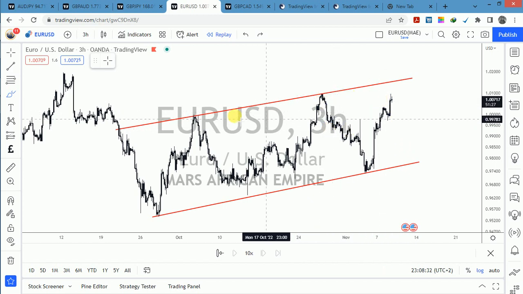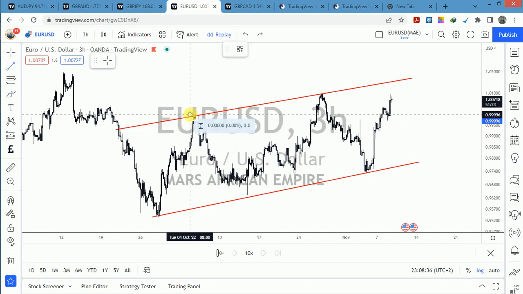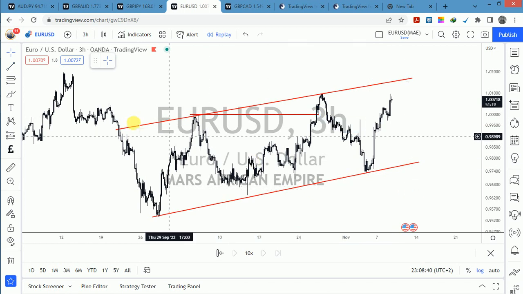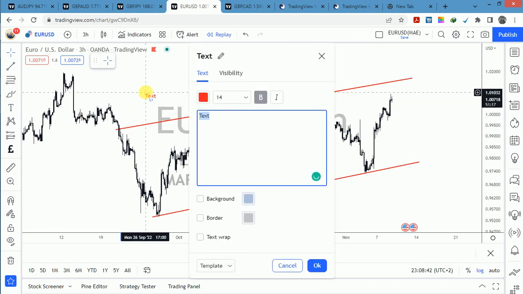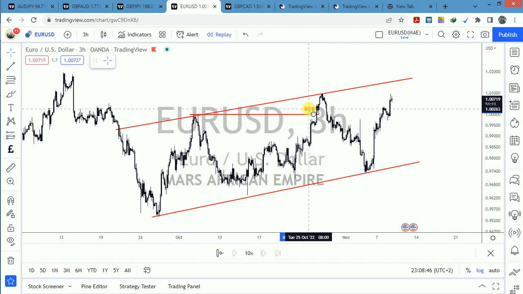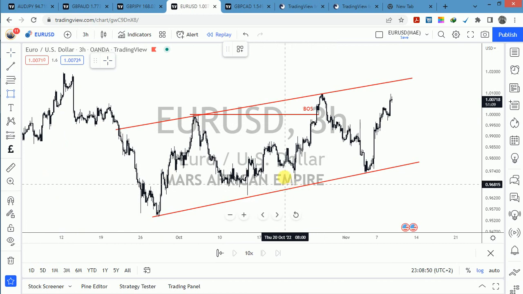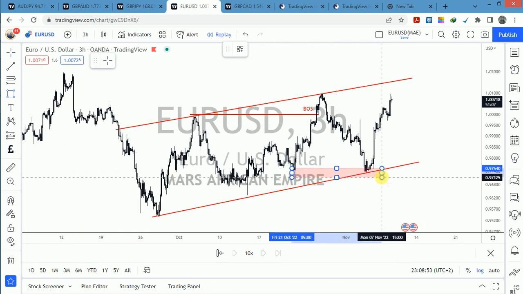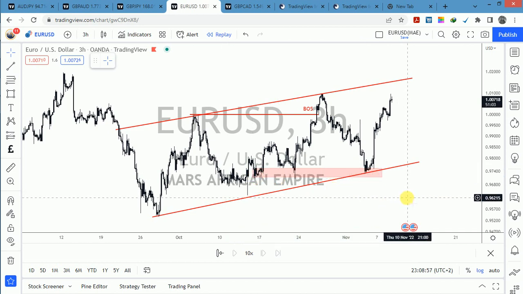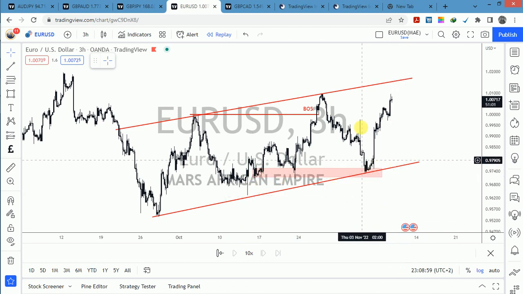Okay, so for people who are doing market structure, this was a break of structure, a BOS. So you were looking at using an order block there and then continuing to go up.